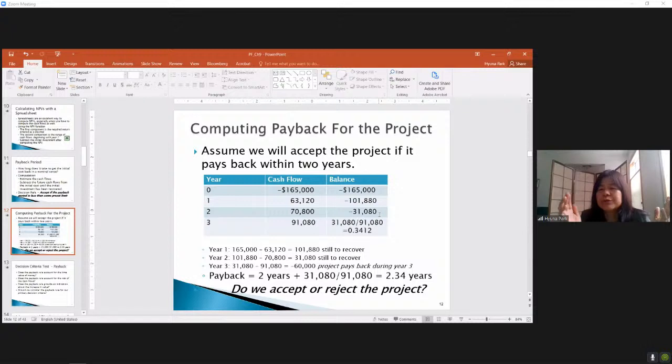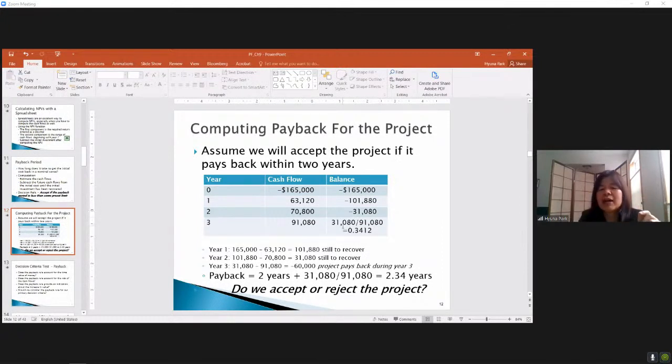So after 2 years, we still have a negative balance. That means this 3-year project does not pay back within 2 years. So we go one more year, year 3, with 91,080. This is enough to pay the 31,080 balance, so we need to work out proportionally how long it takes.